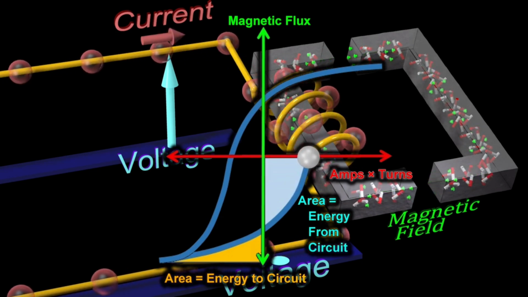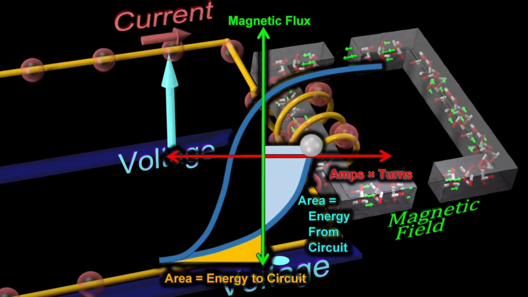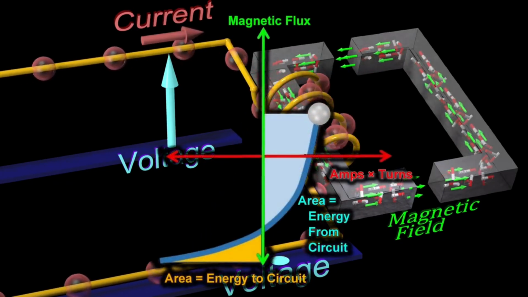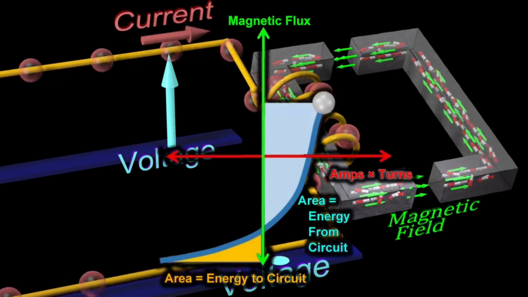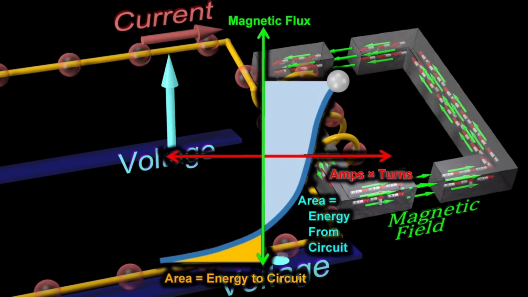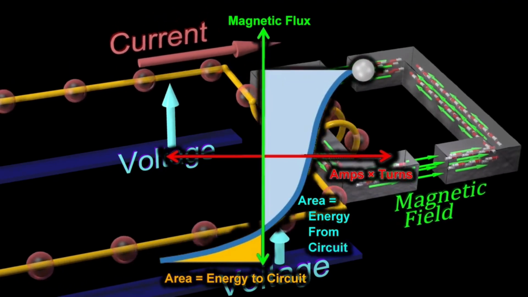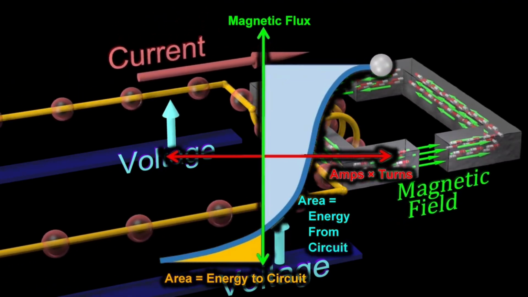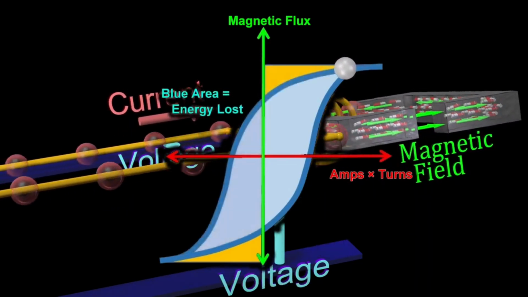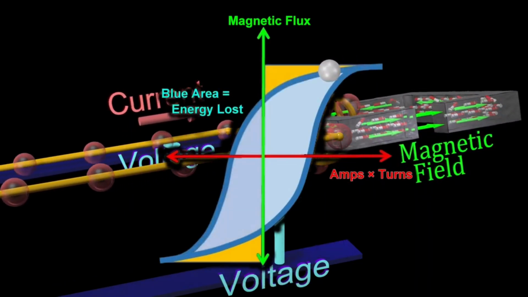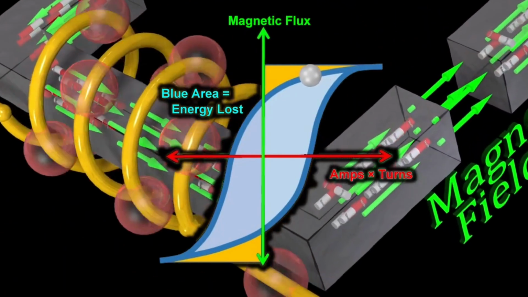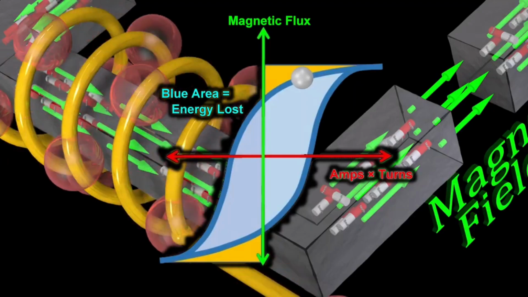Notice that the energy supplied by the circuit is greater than the energy returned to the circuit. This is because some of the energy is lost as heat, as the magnets flip back and forth. The energy lost as heat during each full cycle is equal to this blue area inside the curve.